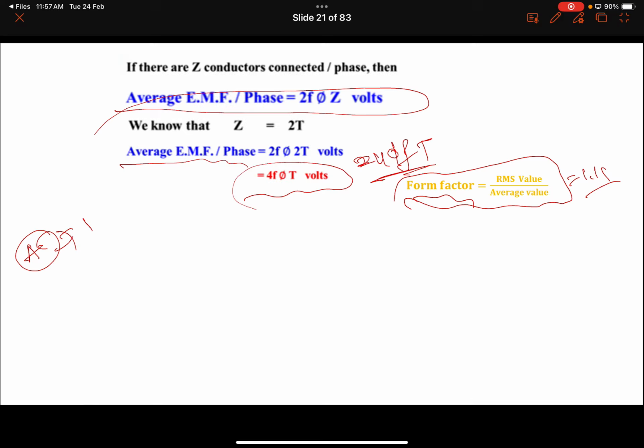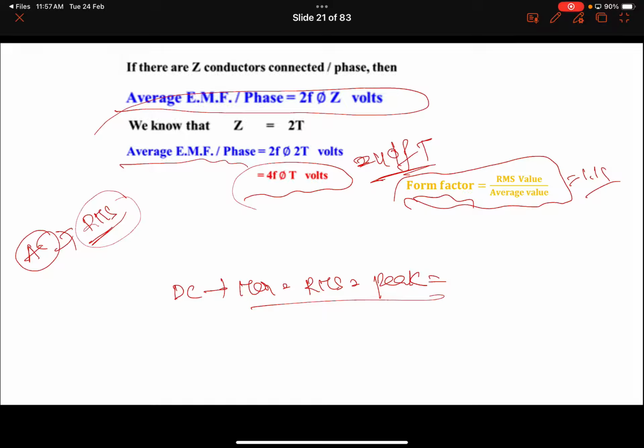AC supply is always considered in RMS, whereas for DC, the maximum value equals the RMS value equals the peak value; in DC there is only one value. If you see the waveform, only a single value will be there.